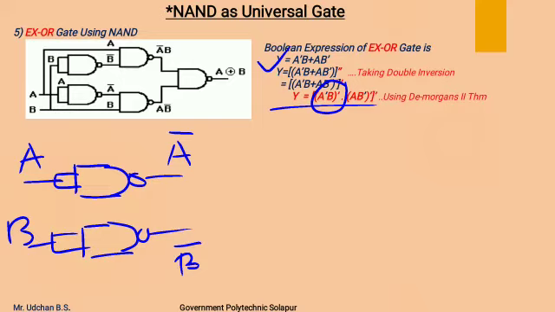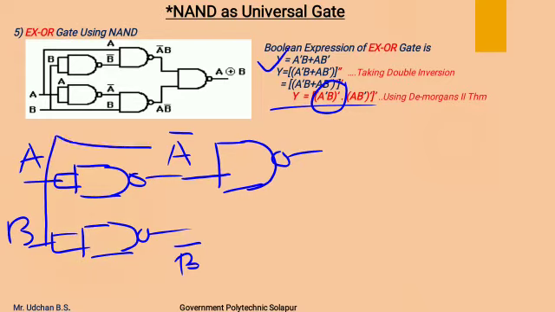So I will connect another NAND gate to this. I will connect this a complement and this b. So at the output of this NAND gate, I will get a complement b its complement.